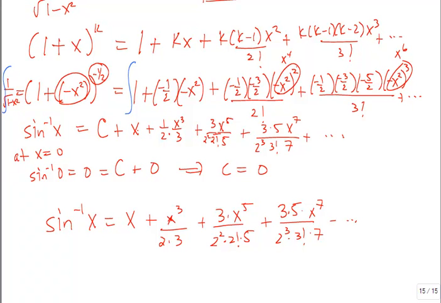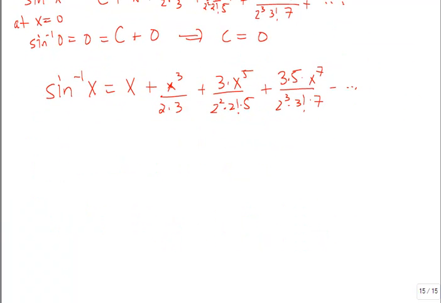And you can actually put this into summation notation if you look carefully at the pattern here. On the top, you would need an x raised to those odd powers, so 2n plus 1. And on the bottom, you also have that 2n plus 1 from right here, here, and here.